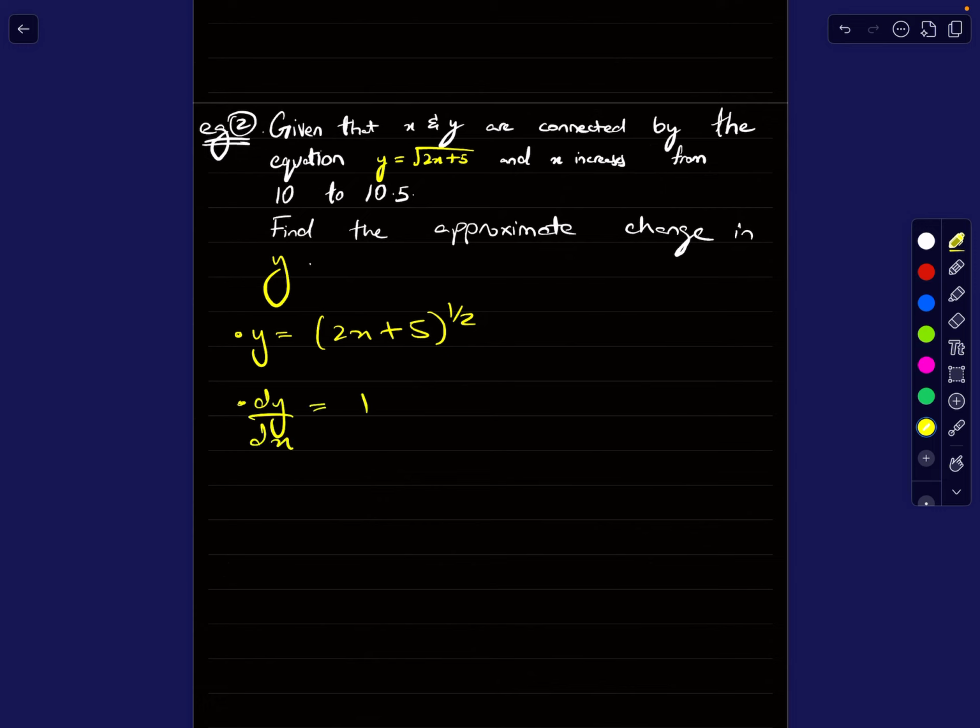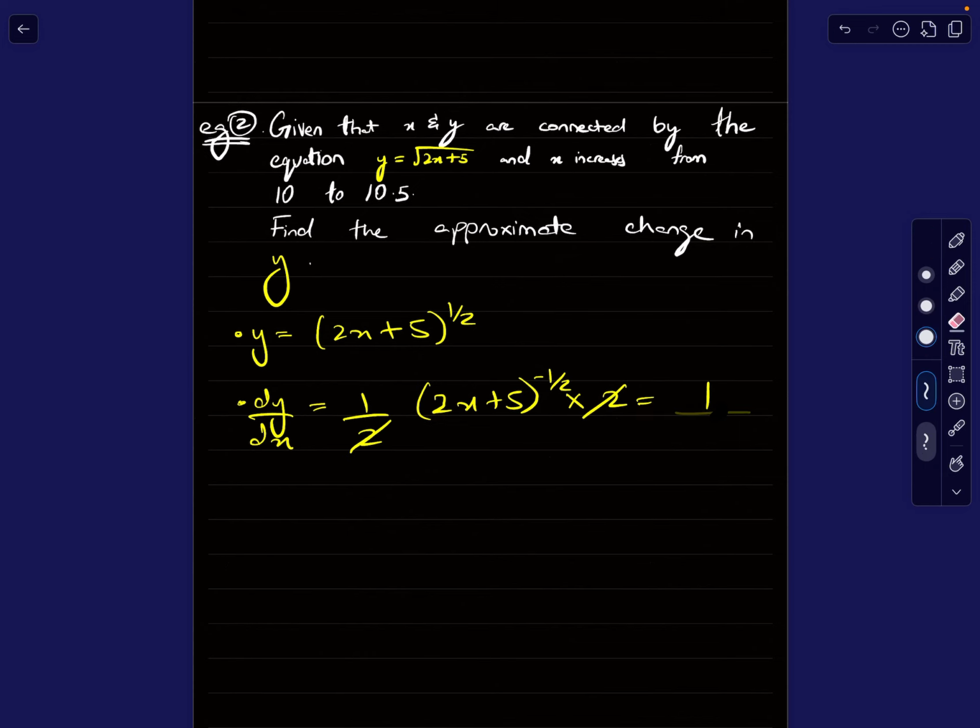So dy by dx is bring the power down, reduce the power by 1, into the differential of the bracket. It simplifies to give 1 over root 2x plus 5.